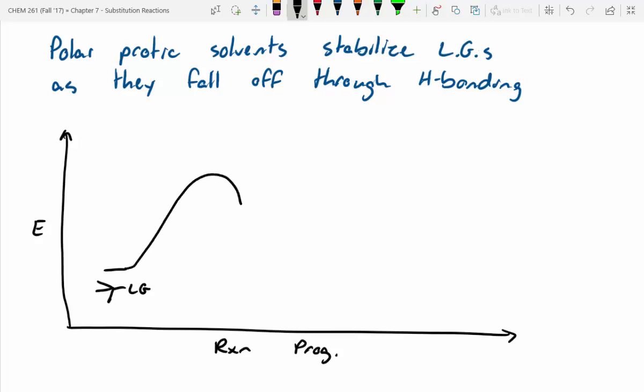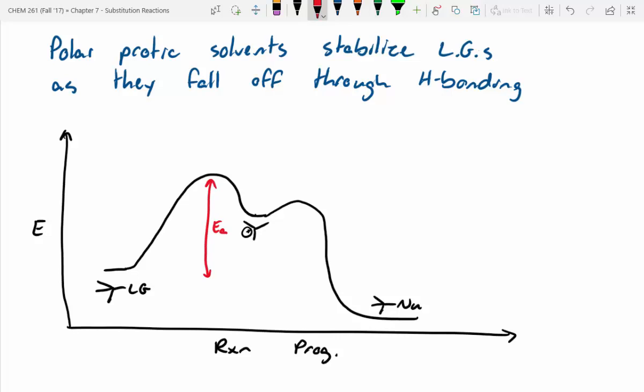It's a two-step reaction, so we're going to go up to this intermediate, and we know this intermediate is going to be a tertiary carbocation, right? And then in the next step, we're going to form our product, which will have our nucleophile attached, right? We said that the rate determining step in this reaction is this activation energy where the leaving group falls off.